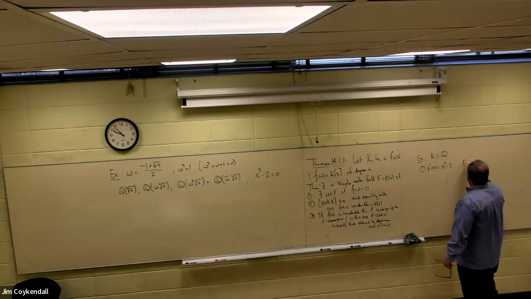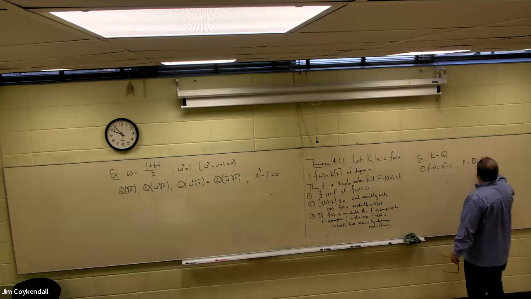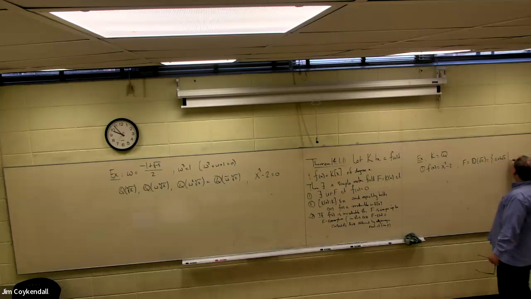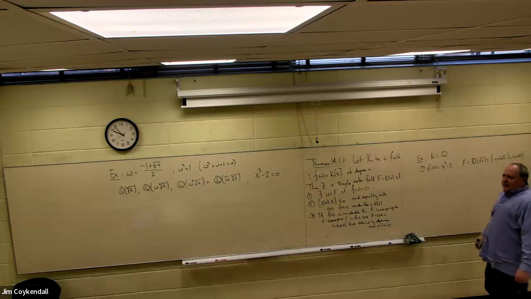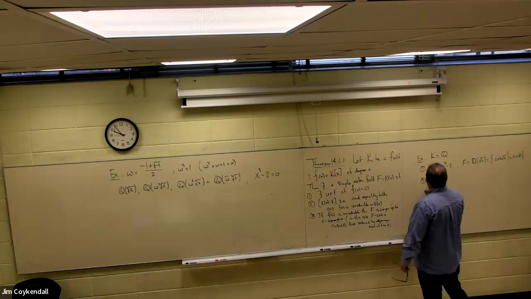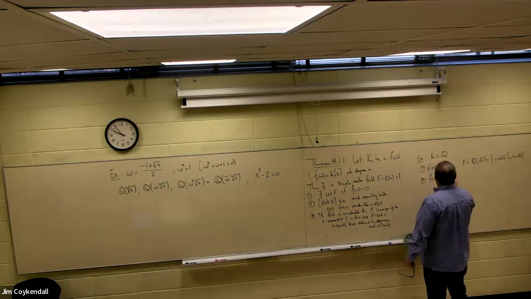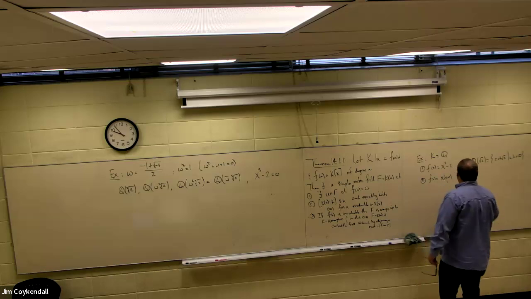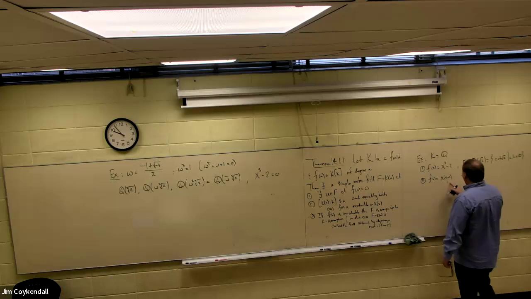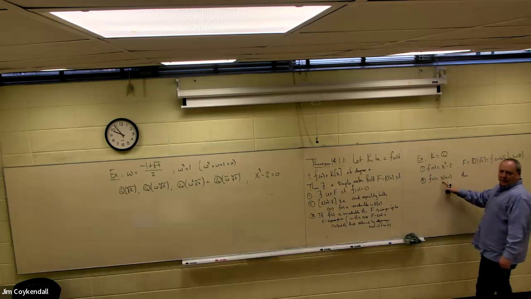Then in this case, the extension is Q joined with the square root of 2, and this turns out to be a plus b radical 2, where a and b are in Q. Number two, if f(x) is x times (x plus 1), notice the roots of this are 0 and minus 1.